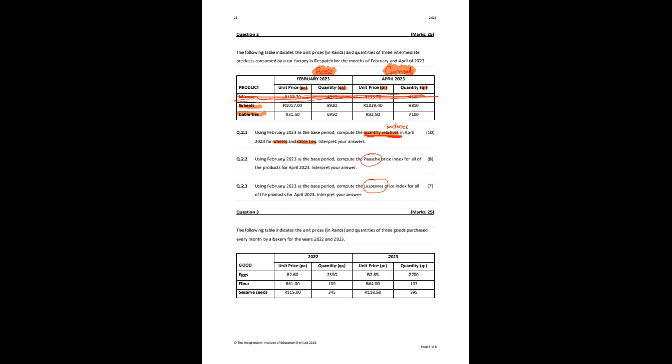As long as they're saying that, it indicates to you that it's for a single item at a time, meaning you will work out the quantity relative in this question for wheels first, then you will work it out for cable ties. So you're doing them individually, one single item at a time.